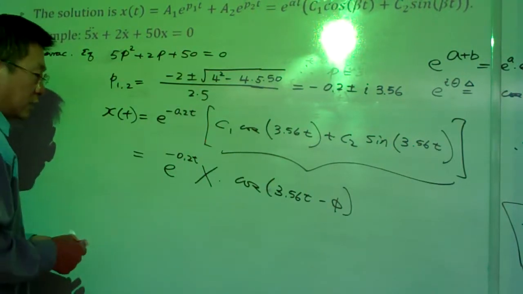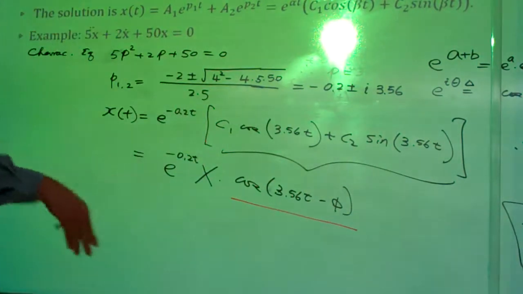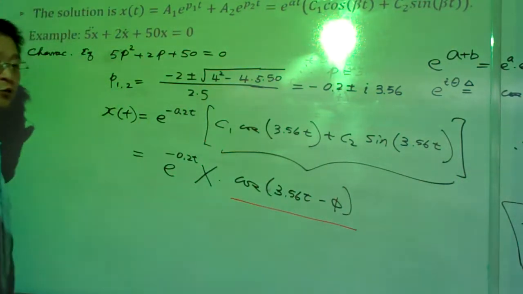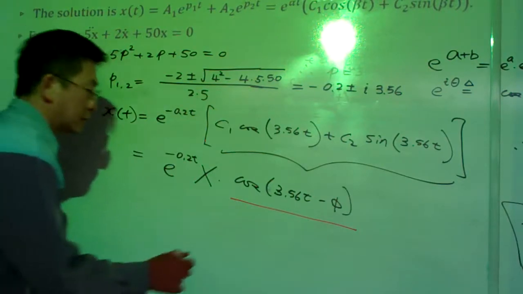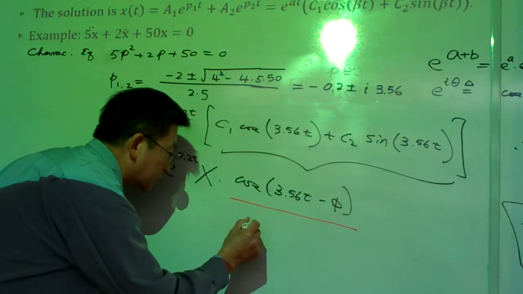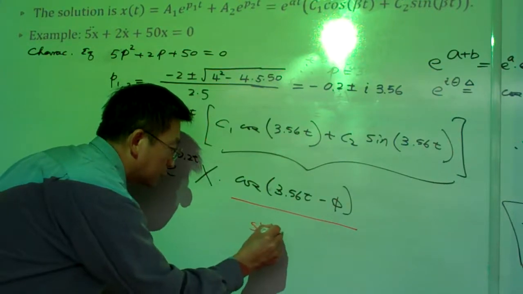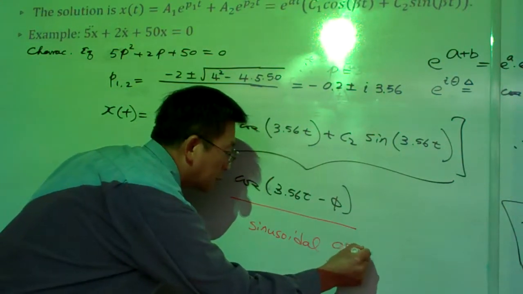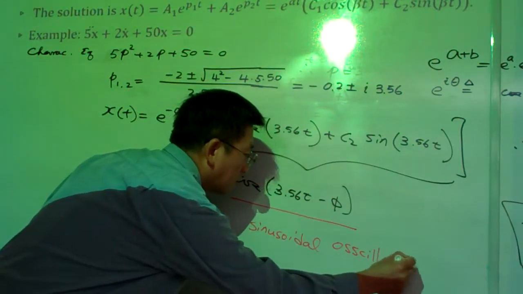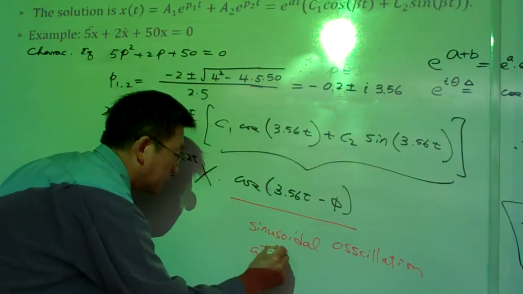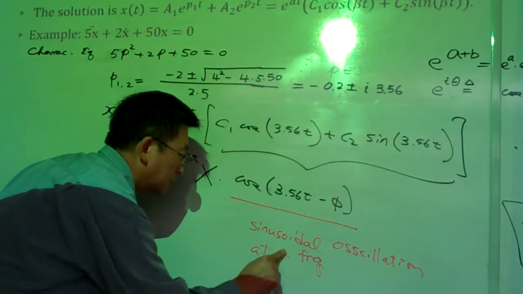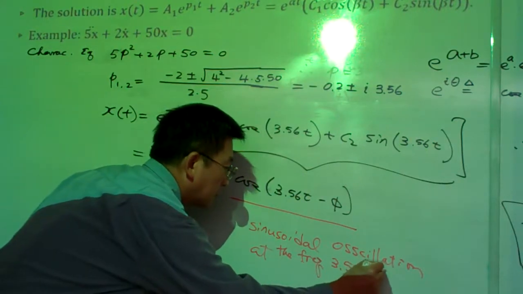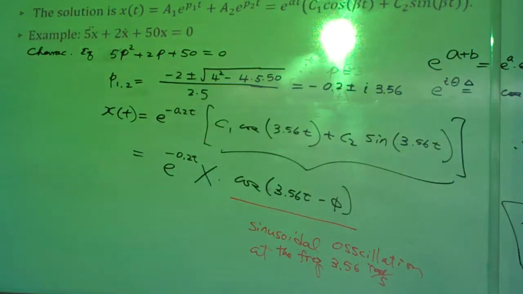Again, this is a sinusoidal function in oscillations, with a frequency of 3.56 radians per second. So these are sinusoidal oscillations at a frequency of 3.56 radians per second, right?